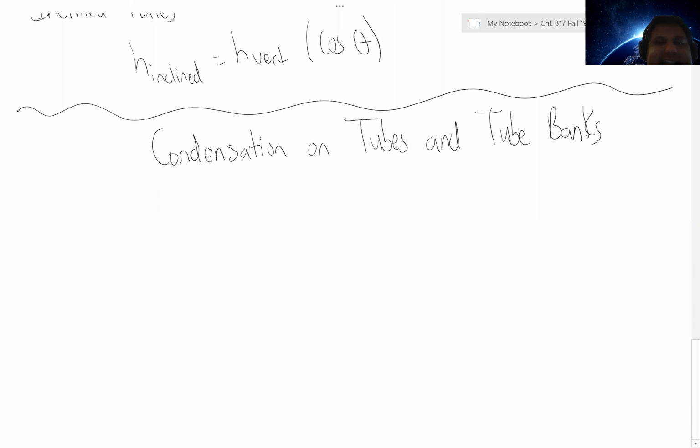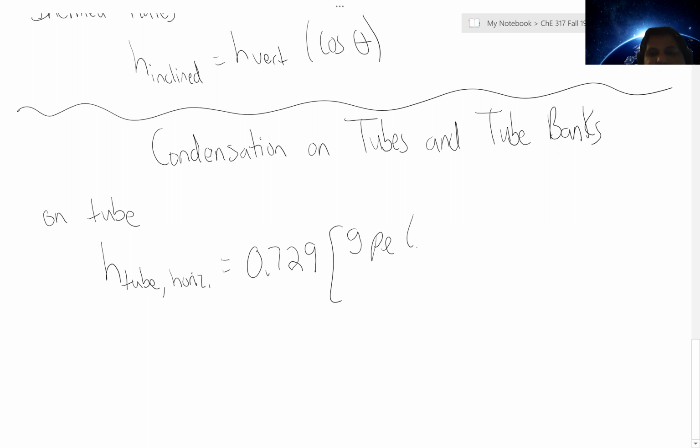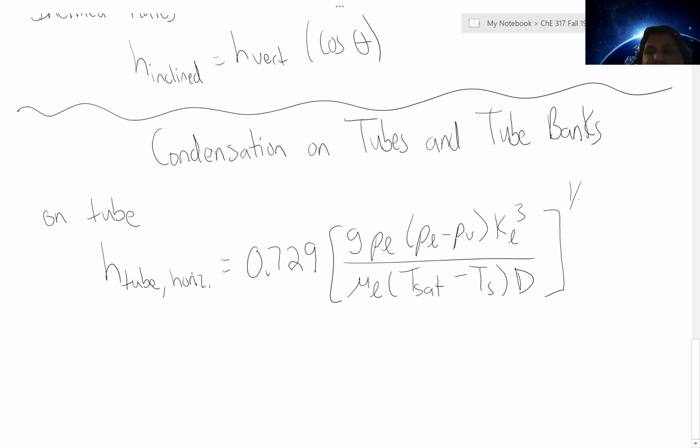So when we have condensation on the tubes, H on a tube, and this is assuming it's horizontal, our expression is 0.729 times gravity, density of the liquid minus density of the vapor, times thermal conductivity of the liquid cubed divided by viscosity of our liquid times temperature of the saturation minus the surface temperature times the tube diameter, all to the 1/4 power.